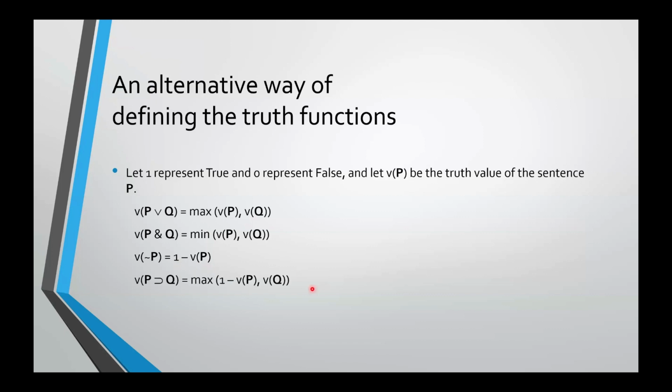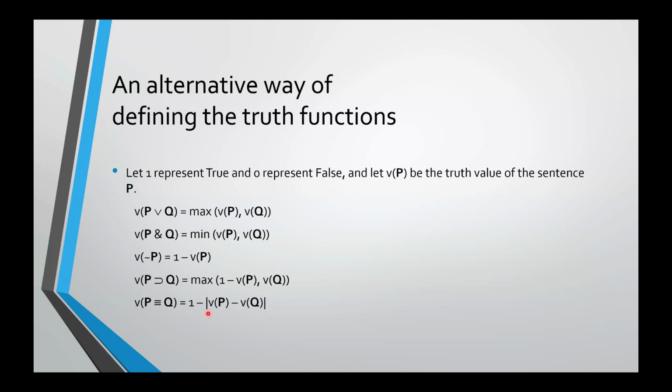For the conditional, this is something we didn't really talk about, but the material conditional is actually equivalent to not P or Q. So that's the simplest way to define it in this system. That's the value of not P, one minus the value of P, and then you just take the max of one minus the value of P and the value of Q. Then for the biconditional, remember that the biconditional is true if the two have the same truth value, and it's false if they have different truth values.